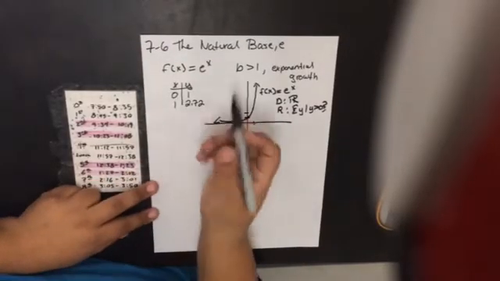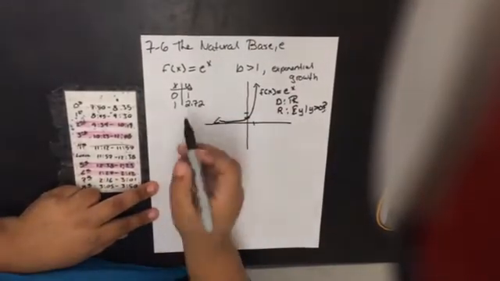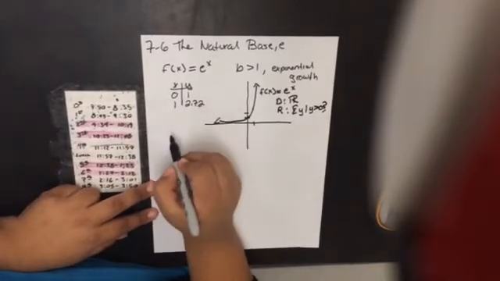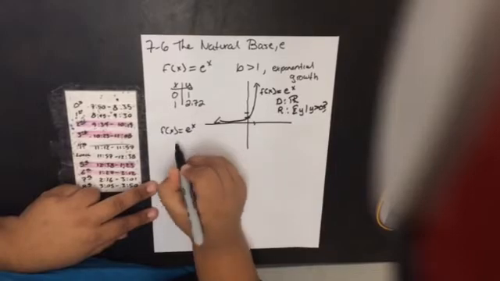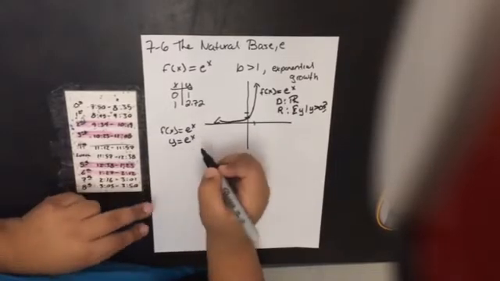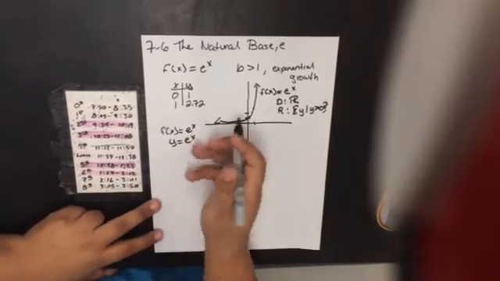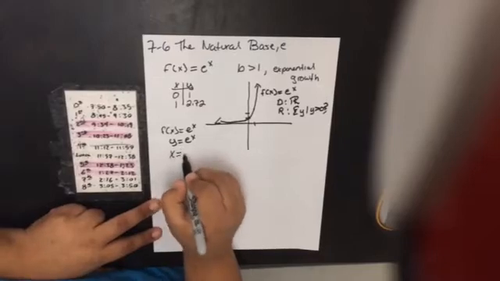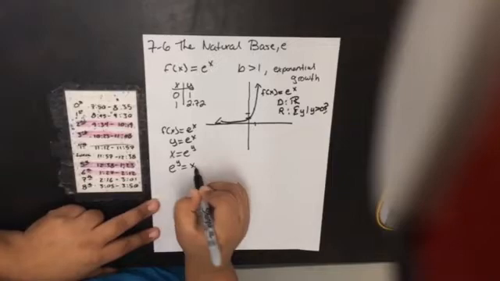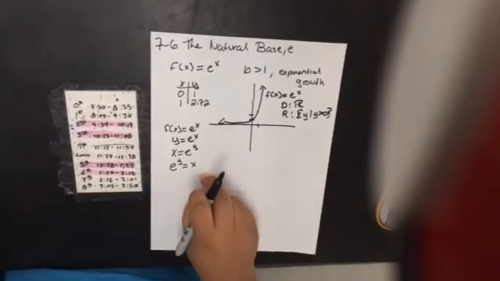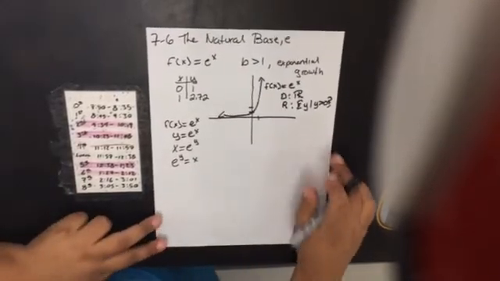Now, to find the inverse of e to the x, the first thing we want to do is rewrite it as an equation. So y equals e to the x. Then we want to switch the x and the y. So here we have it as an exponent. Well, we want to turn it into a log.